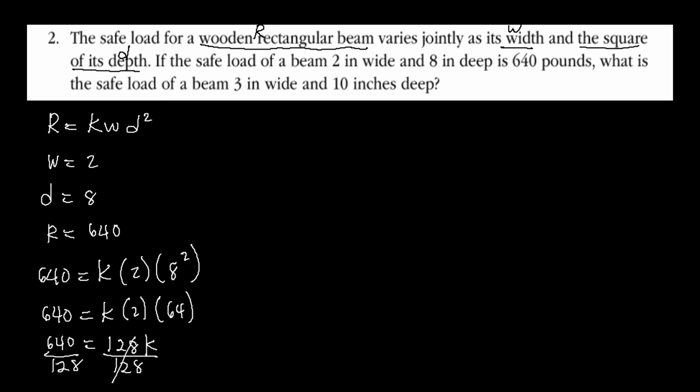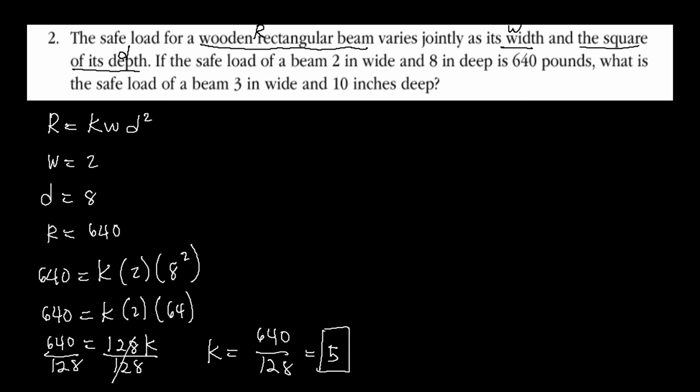Maka-cancel. So we have the value of K. So K is equals to 640 over 128. So this will be 5. Okay? So you have the value of our constant of variation, which is 5.